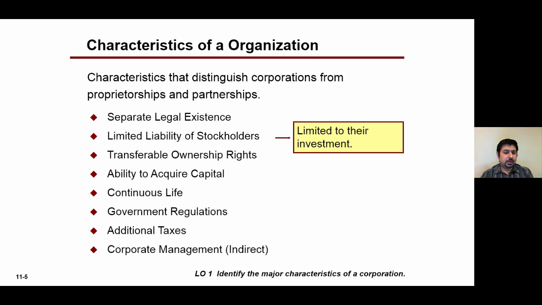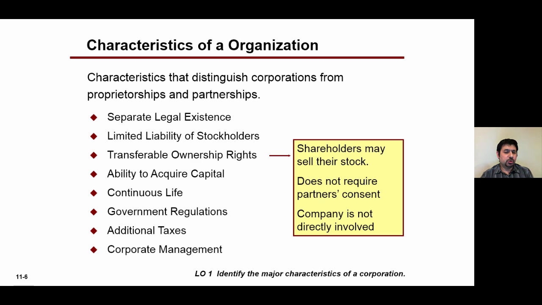So the corporations also enjoy transferable ownership rights, and by this we mean that stockholders have the right to sell their stocks without getting the approval of all the other partners, unlike partnerships.